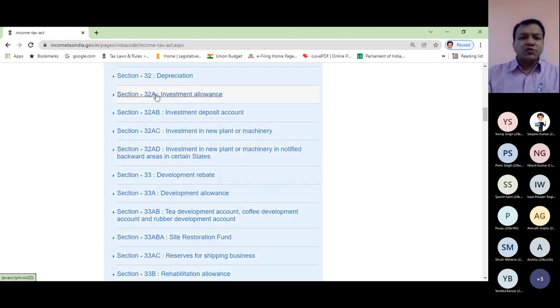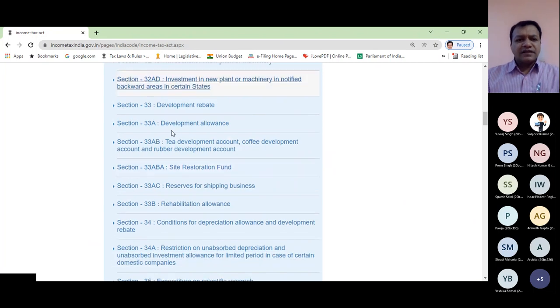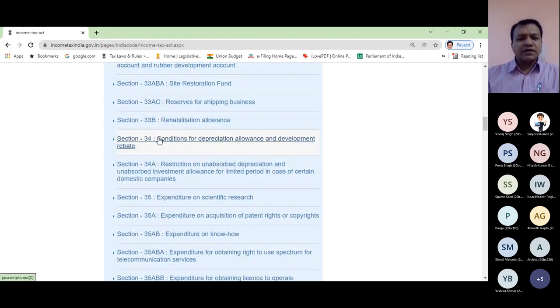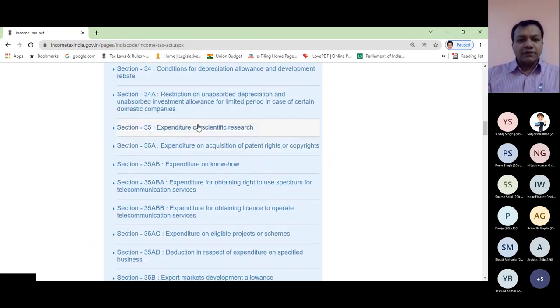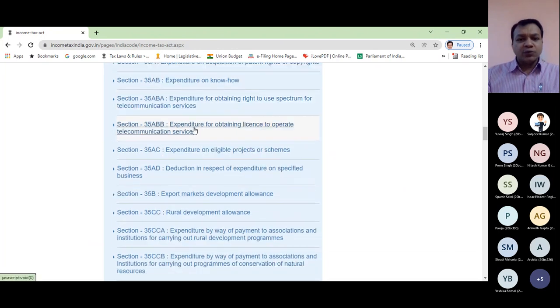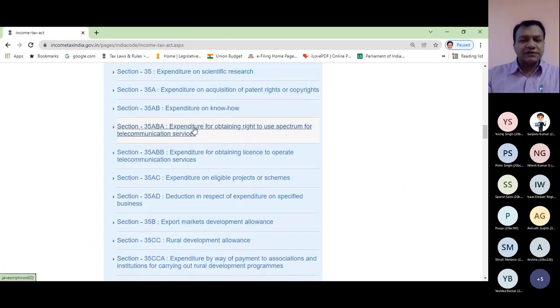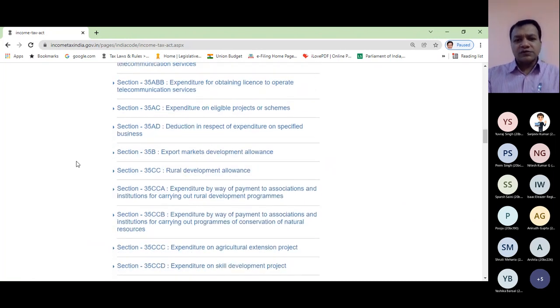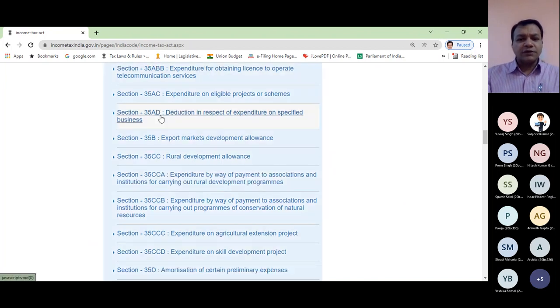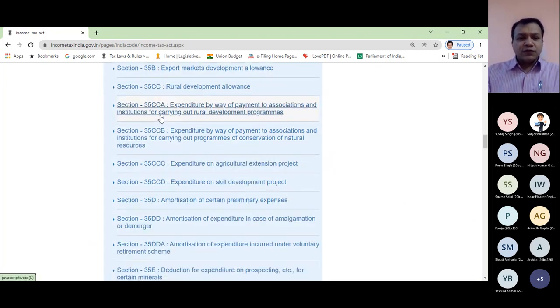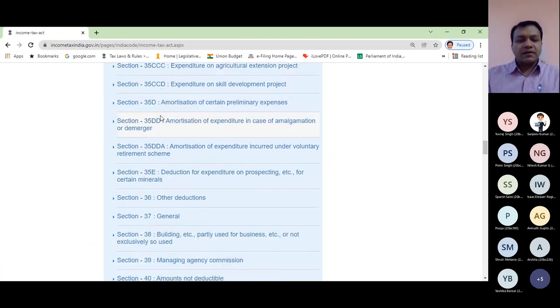After 32, I skipped 32A, 32AB, AC, AD, 33. These are not relevant, and most of these are not applicable now in assessment year 21-22. I moved directly to 35. After 35, I moved directly past sections 35A, AB, etc. These have become redundant now. When you read them, you will find they are not applicable. Moved to 35AD, then to 35D.